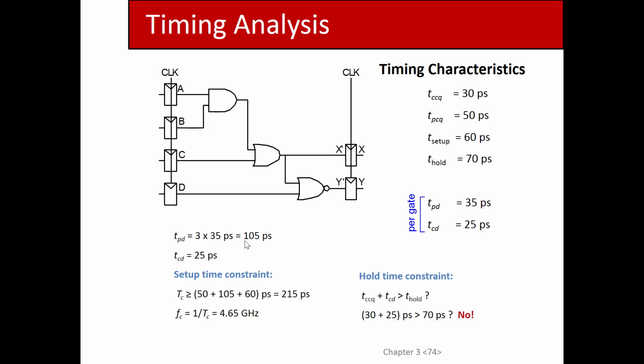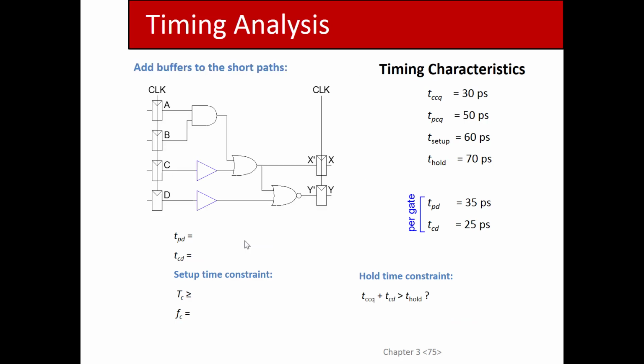Right? So in order to fix that, as I mentioned earlier, you can add dummy gates here to increase the contamination delay. And so if you add the dummy gates, what does that do? Well, each dummy gate is going to add another 25. So this is 25 and 25. That's 50, no problem, because the whole time would be 50 in total plus that, which is 30. That gives you 80.